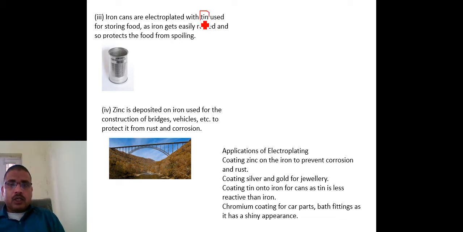Tin is another kind of metal, and if we want to protect the iron, then by the process of electroplating the iron is coated with tin, and used for storing food. These kinds of objects are used to store food, so that there is no risk and the food does not get spoiled.